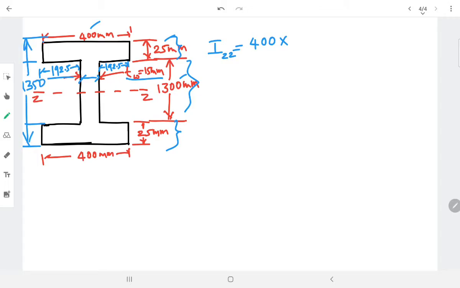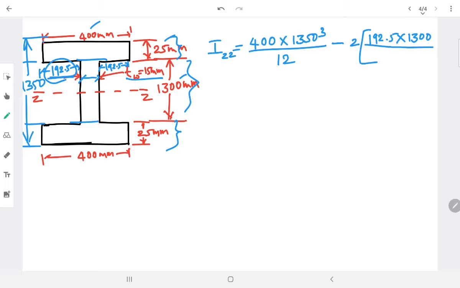Okay, so it is 400 into 1350 cube, because it is BD cube, divided by 12, minus twice of what is B here. B is considered as 192.5, so 192.5 into the depth of this web, 1300, so BD cube, B is 192.5, depth is 1300 cube, divided by 12. Calculate this one, you will get the moment of inertia, check the value.